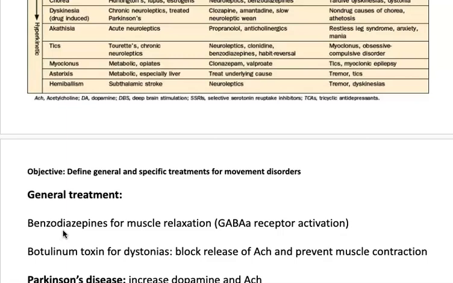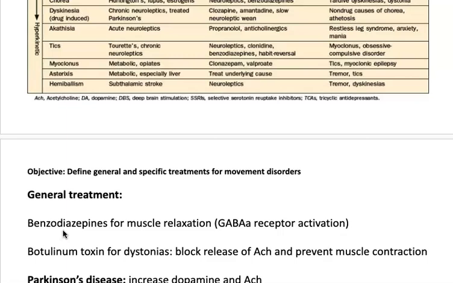Another thing that people are using is Botox, so botulinum toxin for dystonias, because that's going to block the release of acetylcholine at the neuromuscular junction, released onto the muscles, activating the nicotinic acetylcholine receptors.